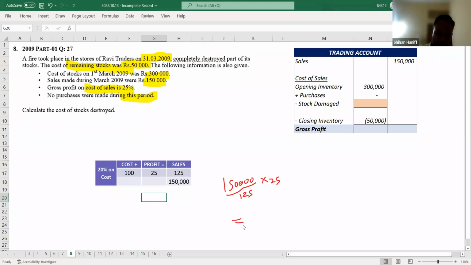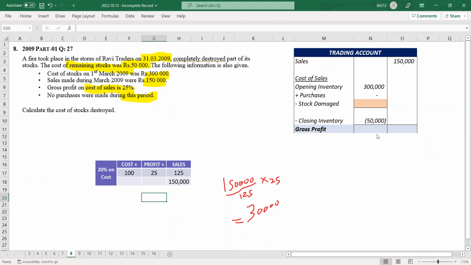Right, so 150,000 divided by 125 into 25 is 30,000. So the gross profit is 30,000. Then the cost of sales is 120,000.